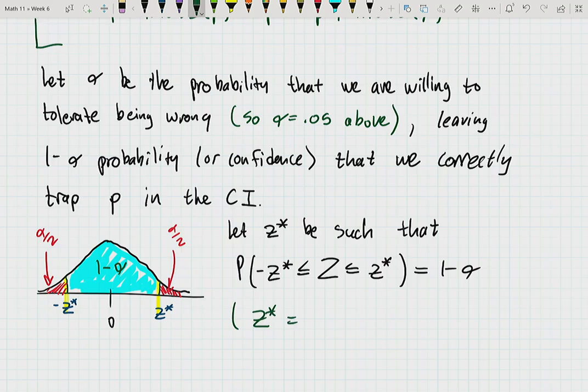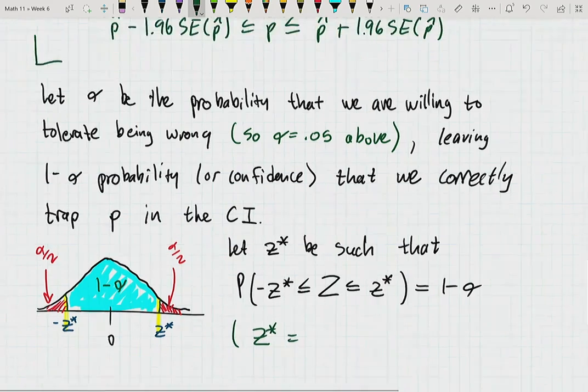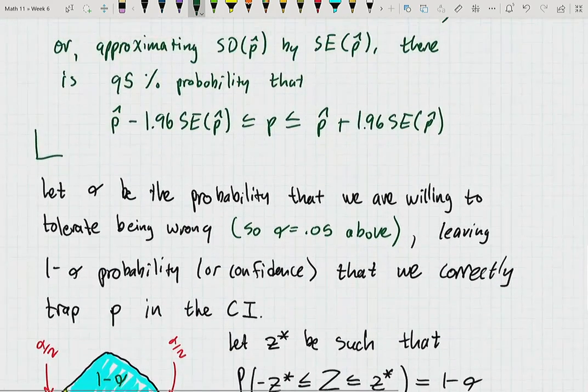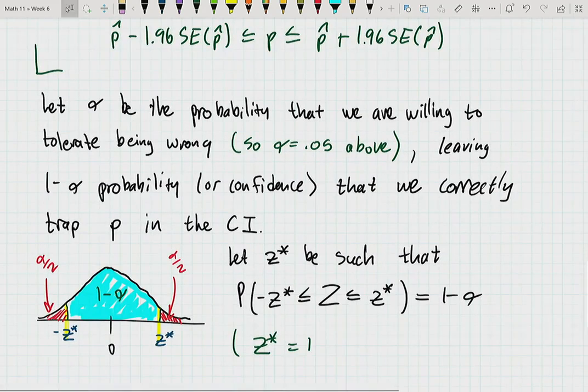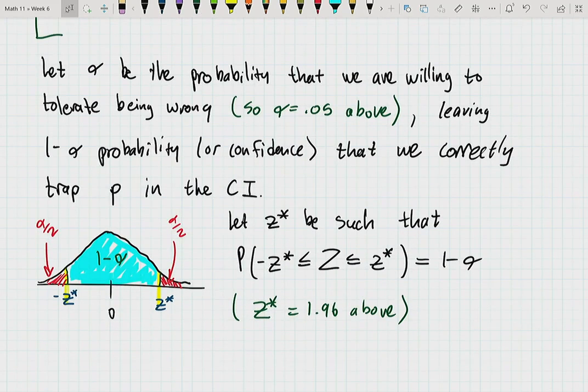What was z star in the previous example? 1.96 in the example above. Good, okay. Which is close to 2, but we'll say 1.96 now.